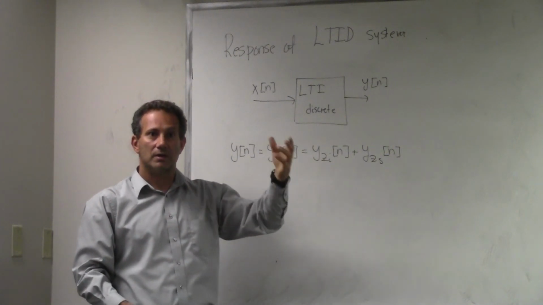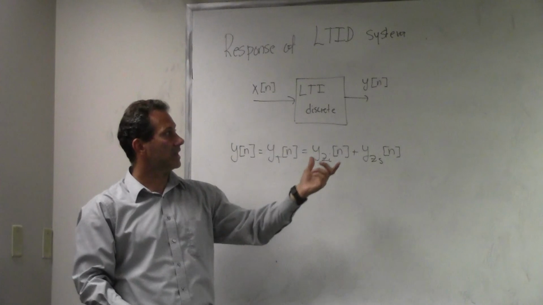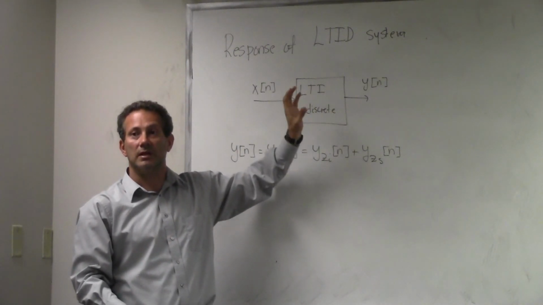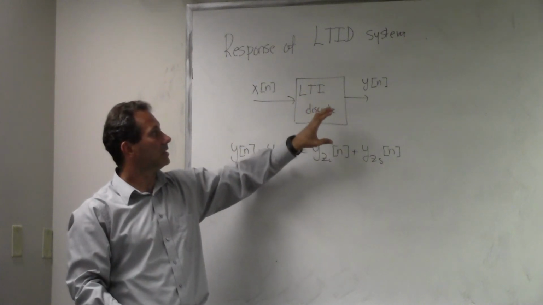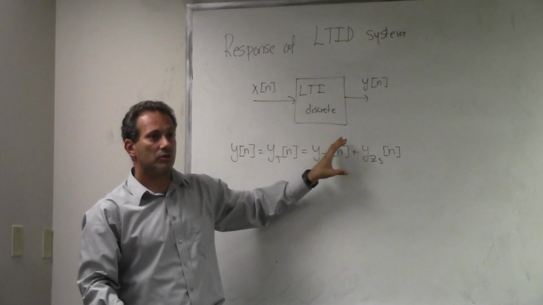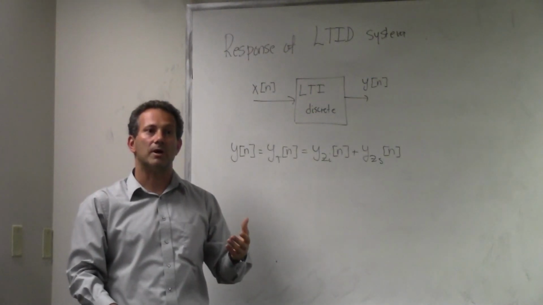If I look at zero input and zero state, and then I put them together, it's actually going to be different than the response of the system in the non-linear case. In the linear case, however, due to the superposition, you can see the response of the system consists of two parts.